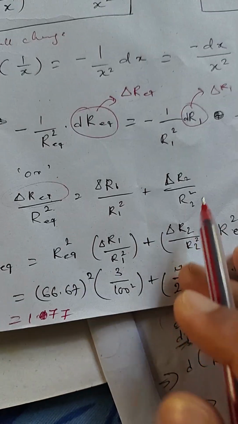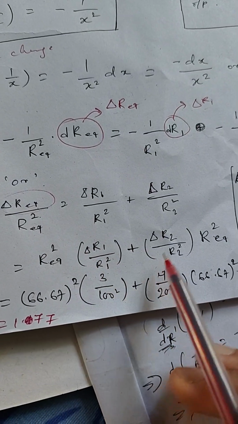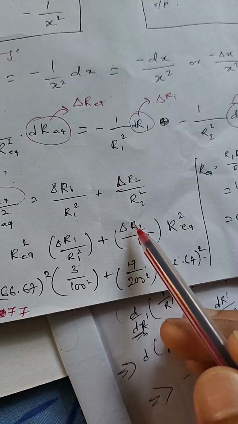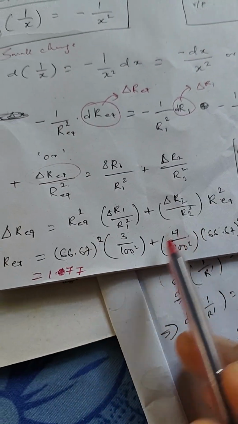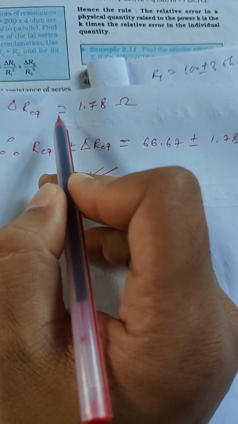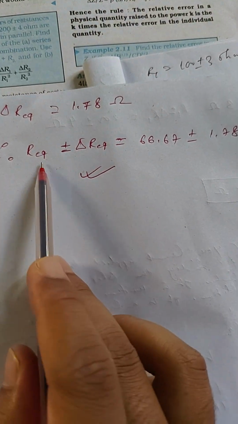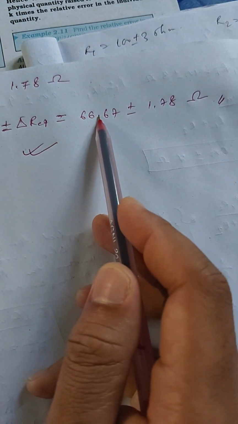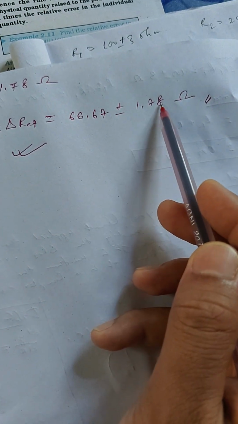So we put the values of delta R1 and R1 square, and similarly for the other, and solving these equations we get 1.77, which we can write as 1.8 or 1.78, whatever we like. So our final value is R equivalent plus-minus delta R equivalent equals 66.67 plus-minus 1.78, or if you want to write it the way the book has written it, 1.8. There is no problem. I hope you have understood whatever I have explained. Thank you.